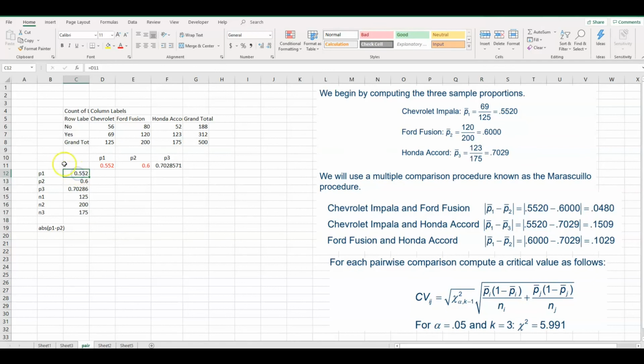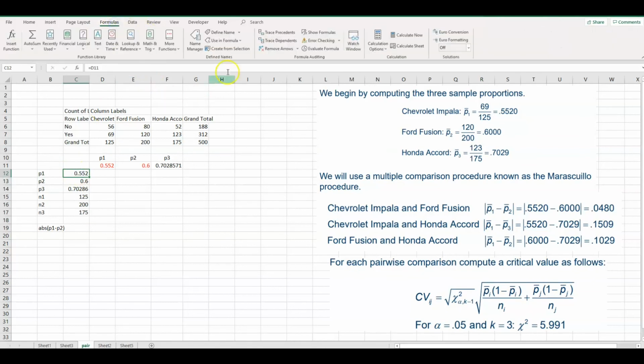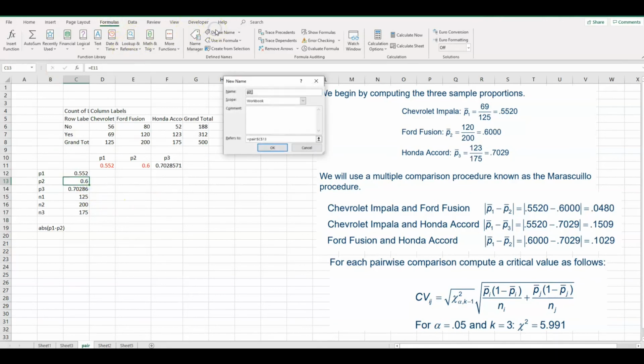So we click this cell, click formula, define, and you see P1 underscore. So this is C12, click OK. Then we do the exact same thing: formula, define, P2 underscore C13.